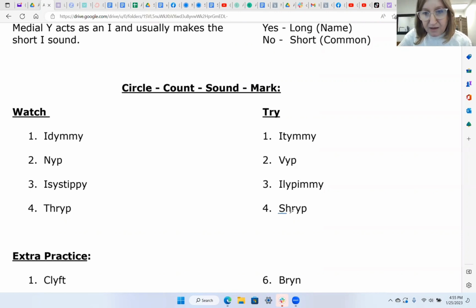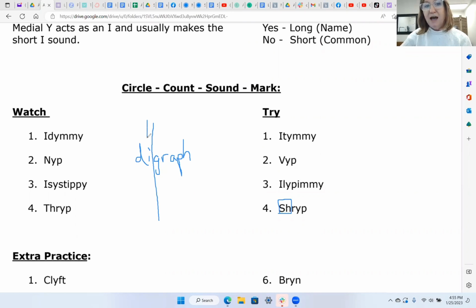Here's another digraph blend. Here's a digraph. I'm going to digress for just a minute and talk to you about the printed word digraph. It's a Greek word. If you'll notice, graph is the base word. Di is the prefix meaning two.